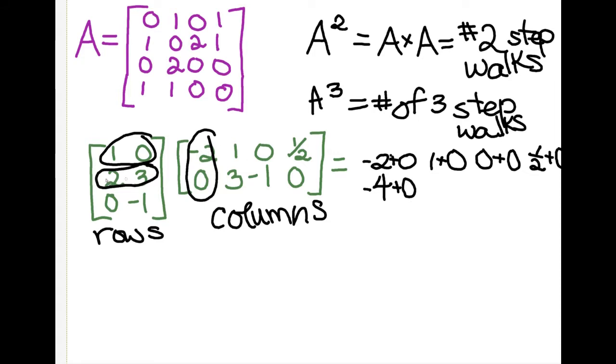Now I move over. 2 times 1 is 2. 3 times 3 is 9. 2 times 0 is 0. 3 times negative 1 is negative 3. 2 times a half is 1. 3 times 0 is 0. And that fills in our second row.